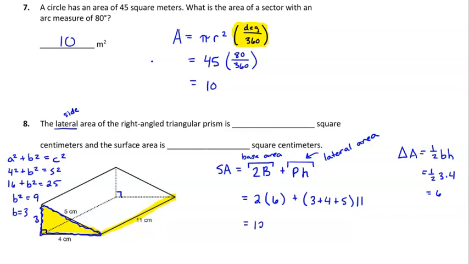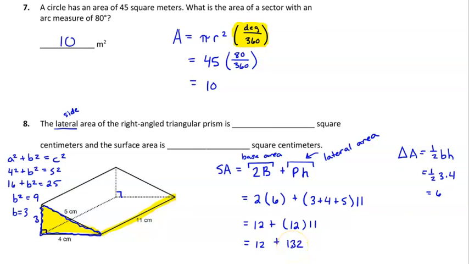So now we've got 12 plus, and then 3 plus 4 plus 5 is also 12 times 11, and I get 12 plus 132.